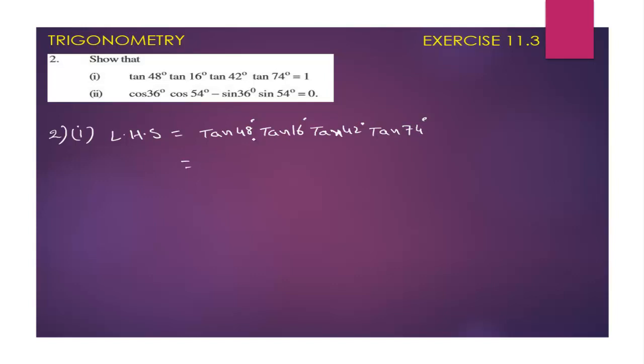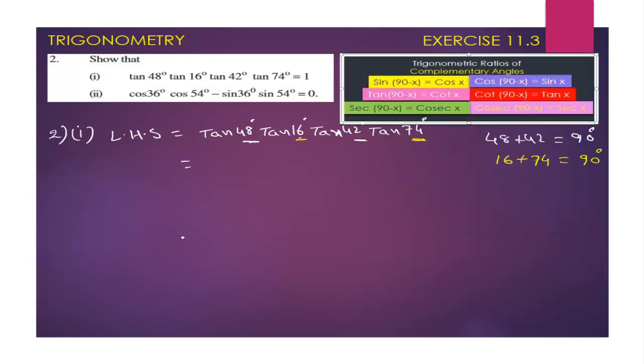here if you observe 48 degrees and 42 degrees, 48 plus 42 we get 90 degrees, and if you observe 16 degrees and 74 degrees, 16 plus 74 equals 90 degrees. Here also we can use trigonometric ratios of complementary angles.